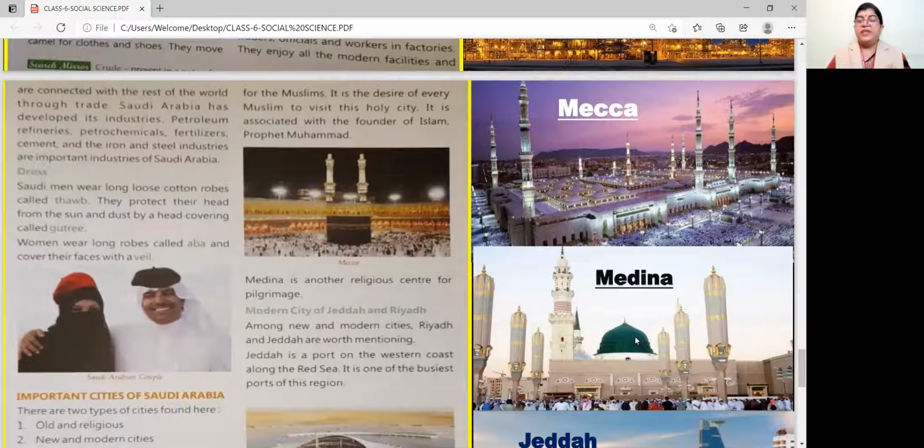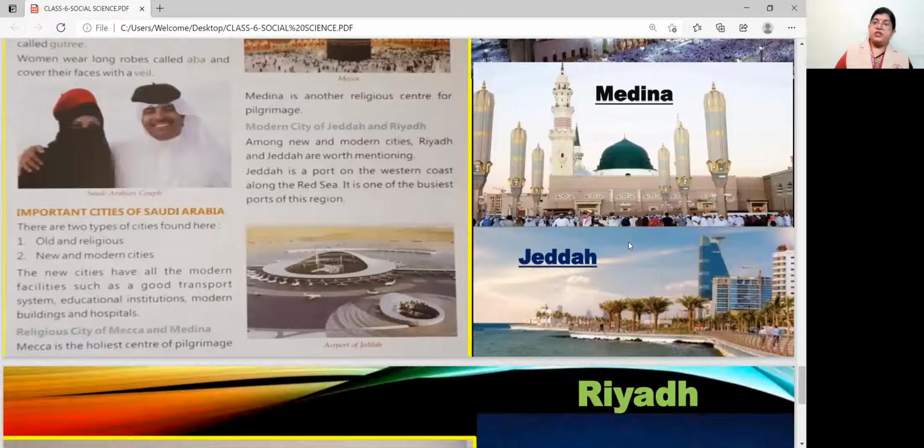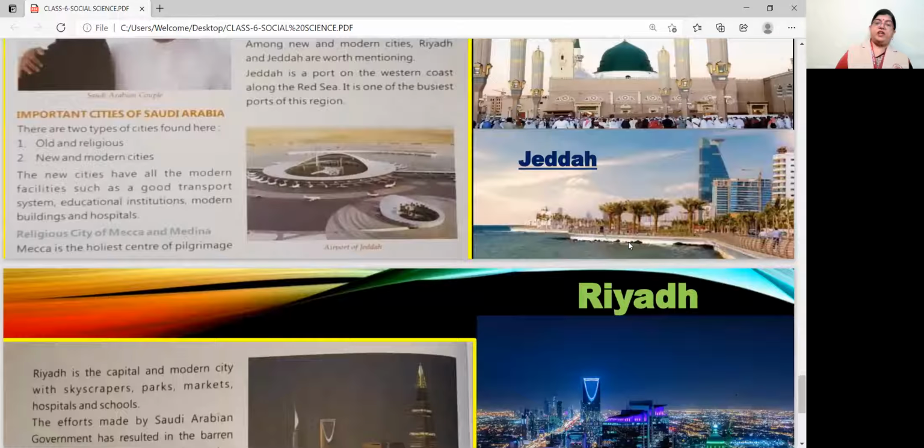Is it clear? Now, Medina is another religious center for pilgrimage. Just see, I've shown you here. Medina also. Next, we are going to study the modern cities of Jeddah and Riyadh.